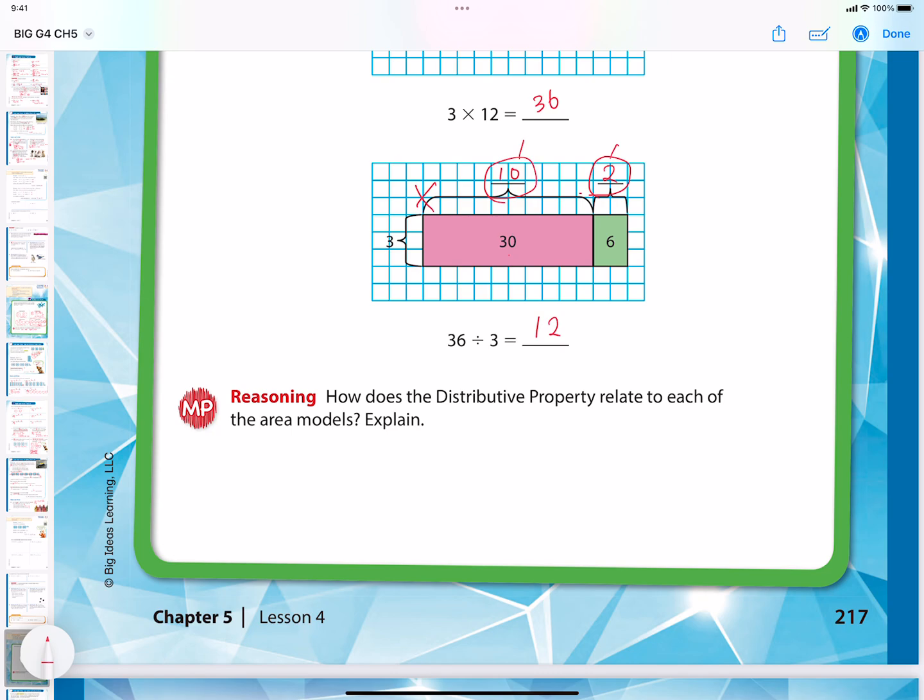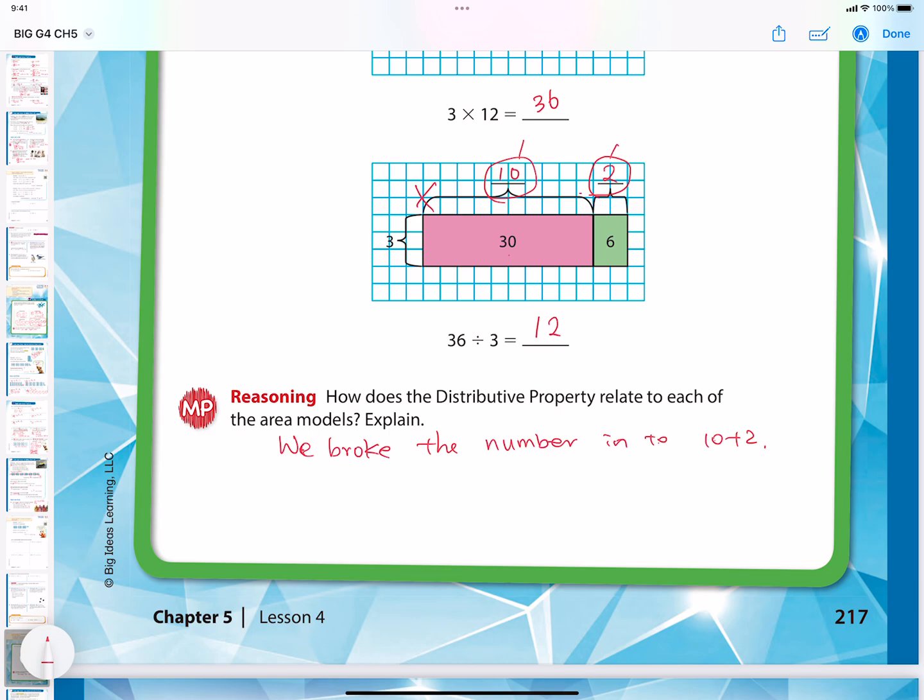All right. Now, how does the distributive property relate to each of the area models? Explain. The area models show an example using the distributive property because why? We use breaking apart the number, right? So we can say we broke apart the number into 10 plus 2.